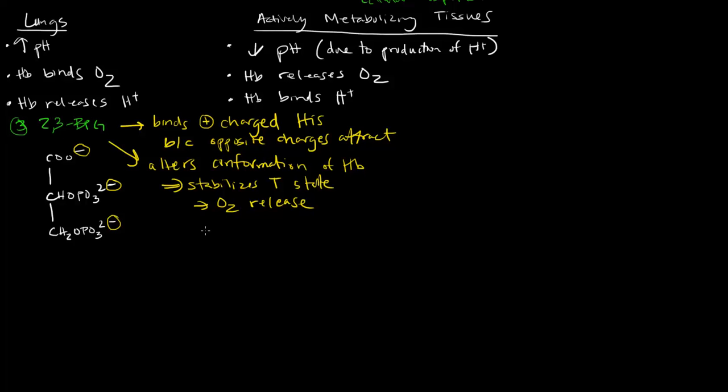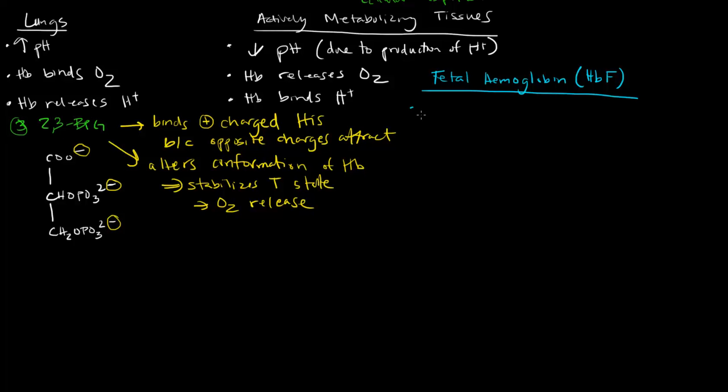So, what are the things that we need to know about fetal hemoglobin? Let's bring in a new color. Let's do baby blue since we're talking about babies. So, fetal hemoglobin, HbF, is how it's abbreviated.